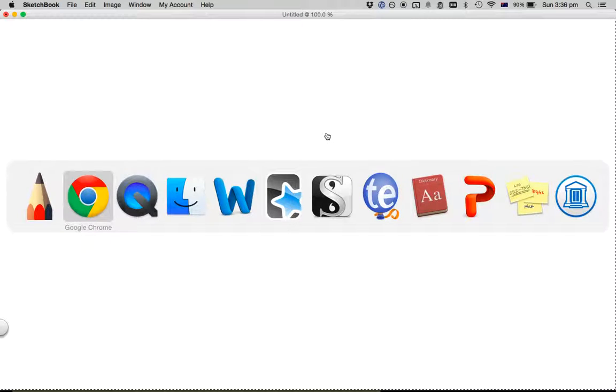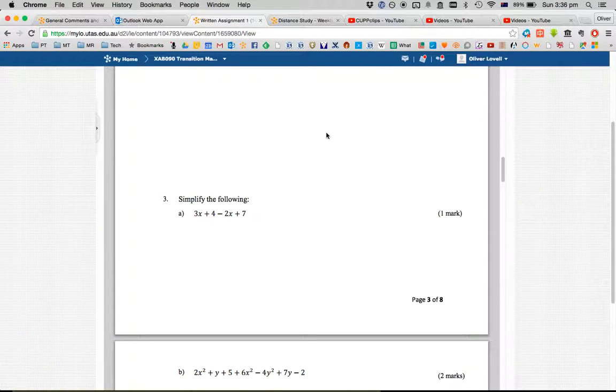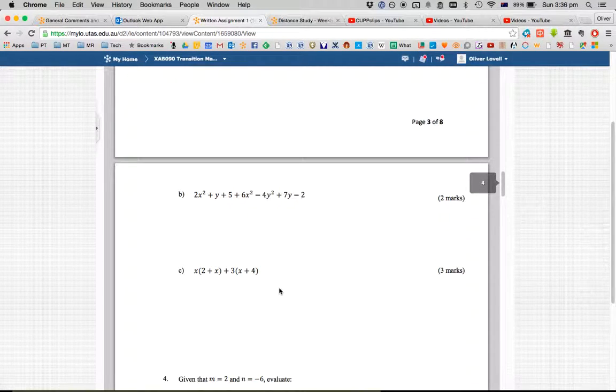Okay, the next thing was question 3 part C. In fact, both of these questions. I'll just use part B. And this was another convention that I'll just tell you about.